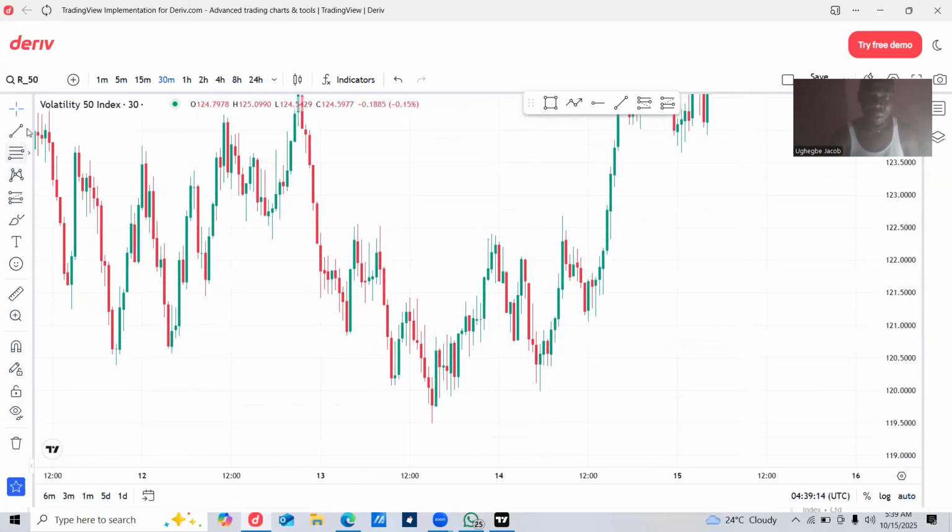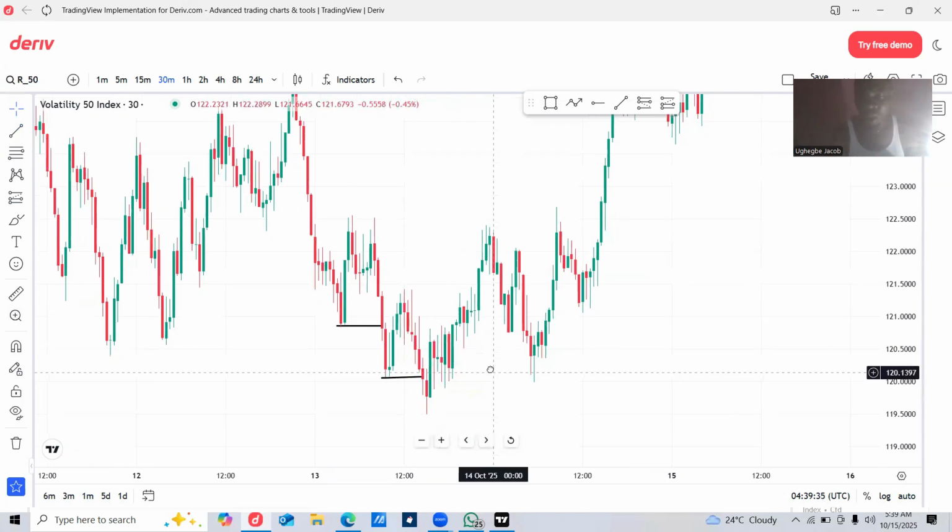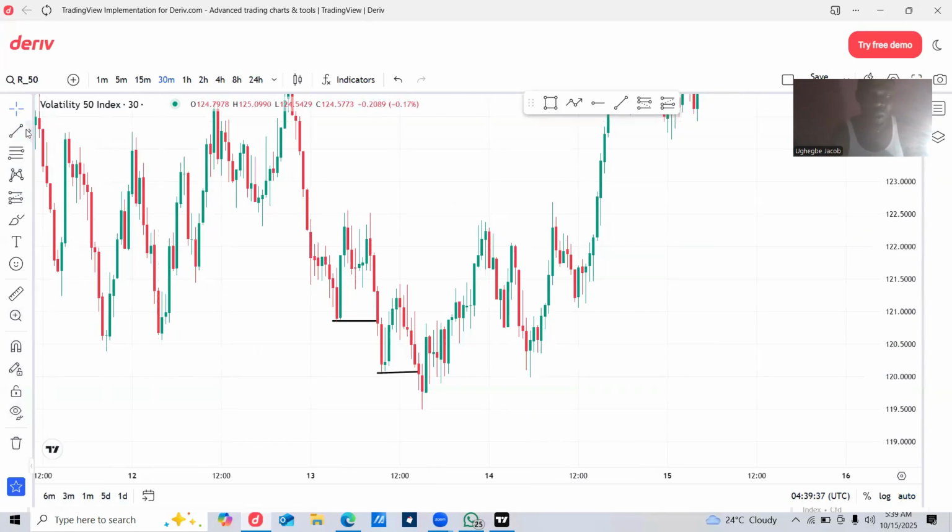Once you see the market has broken, a break of structure, then we have another break of structure here. You can see that the market has taken this low here. The market could not create another low.